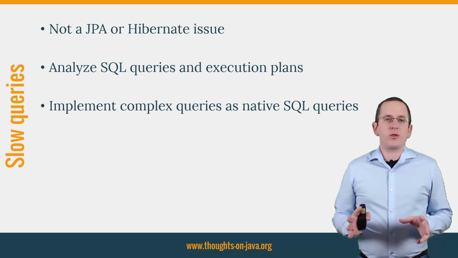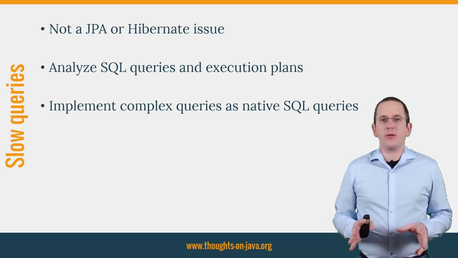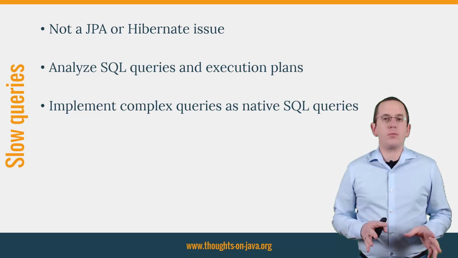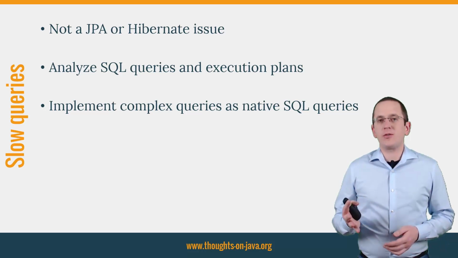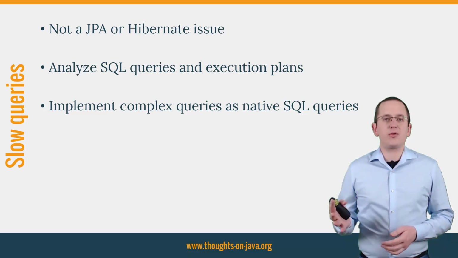When you do this, you will quite often recognize that you cannot implement the more complex or optimized SQL queries with JPQL or the Criteria API. In these cases, you need to use a native query to perform a native SQL statement. It allows you to use all SQL and proprietary database features.